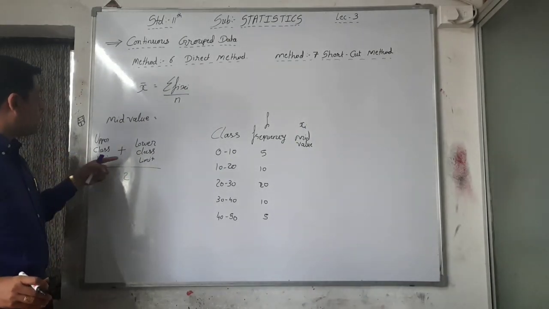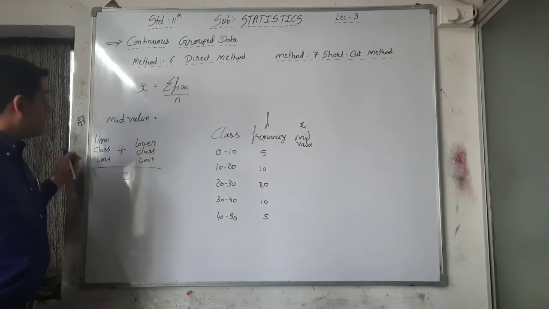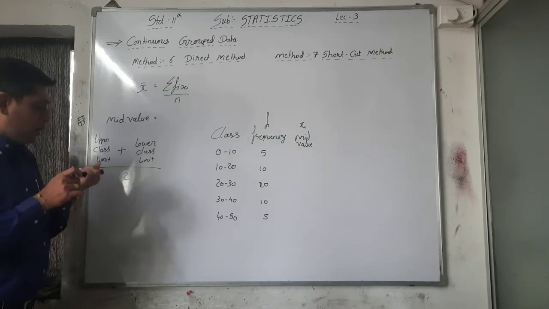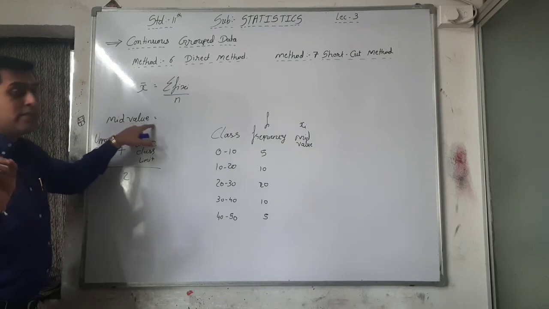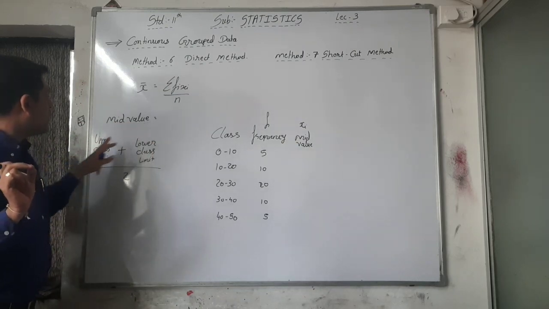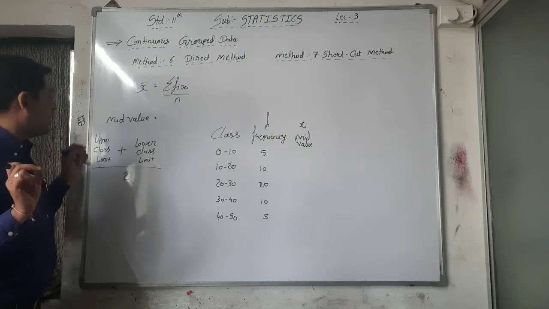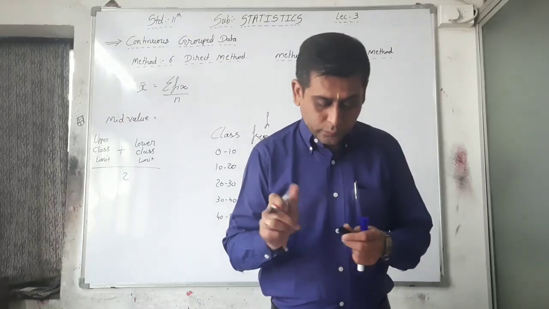If the letters are small and you don't see them on the board, then write here: mid value is equal to upper class limit plus lower class limit divided by 2.